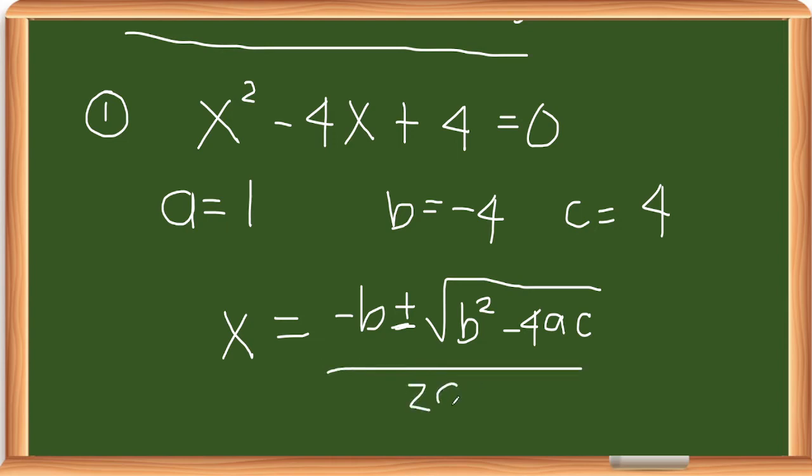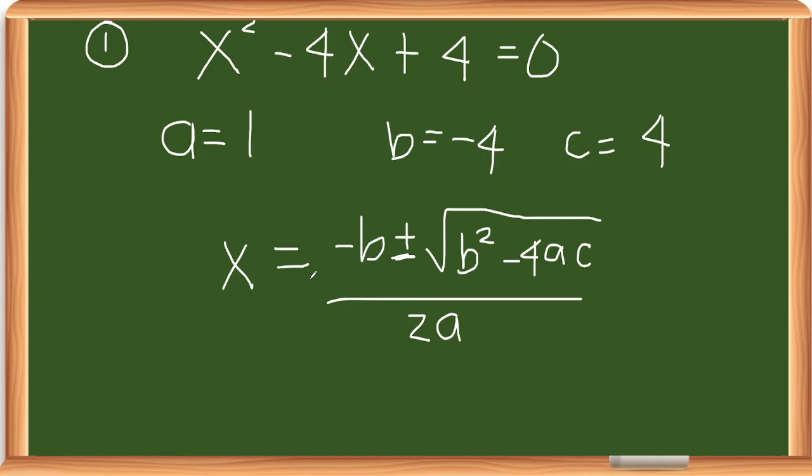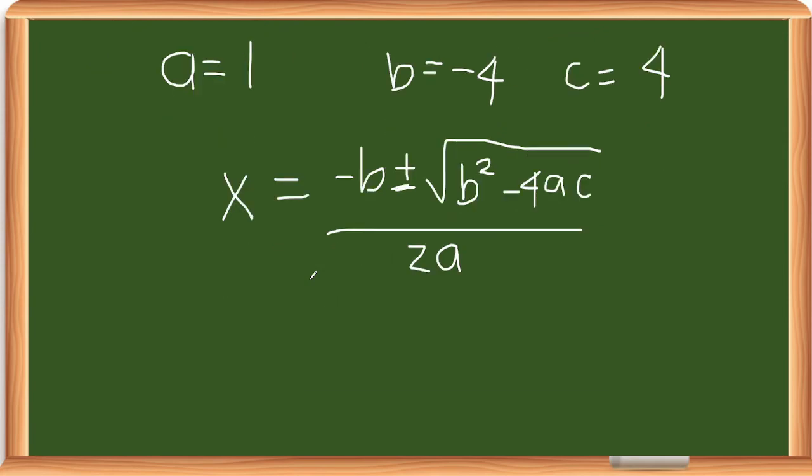Ngayon, since na-master nyo na kung paano kuhanin yung A, B, and C from your previous lesson, ang gagawin nyo na lang is just substitute it para makuha mo yung value ng X. Ngayon, so substitute natin. Yung B mo is negative 4. So we have negative B. So negative ng B which is negative 4.